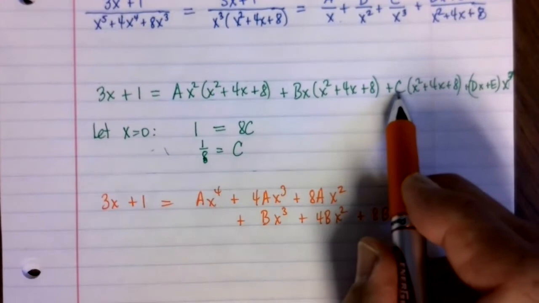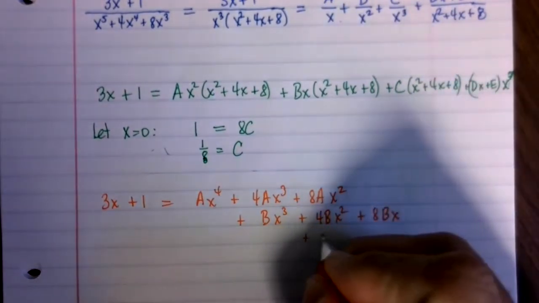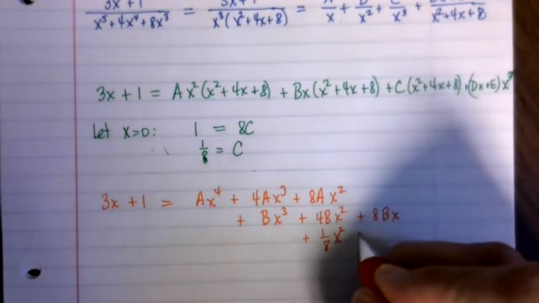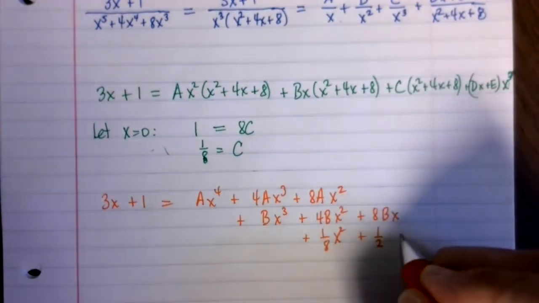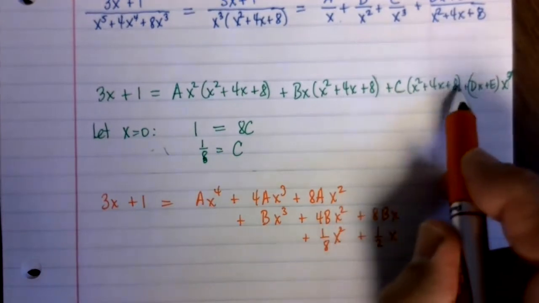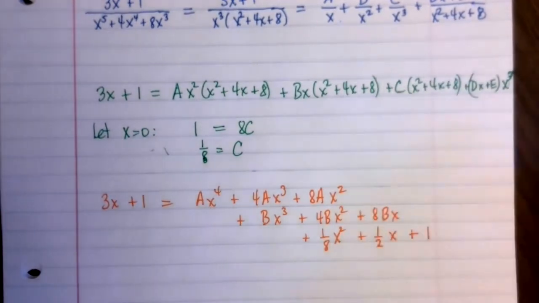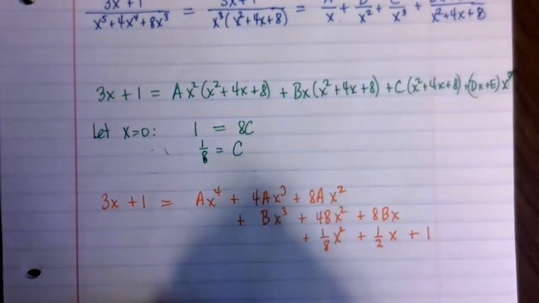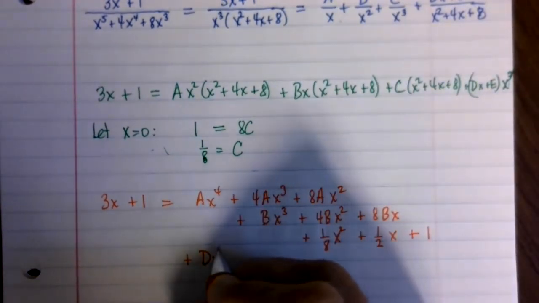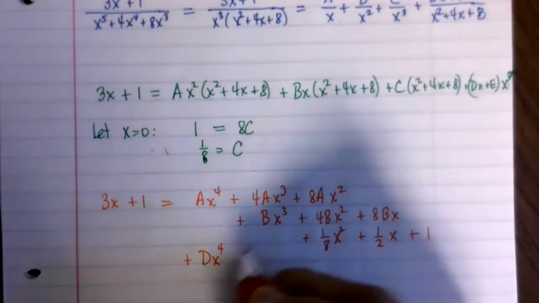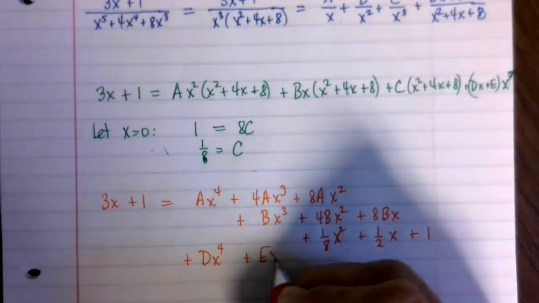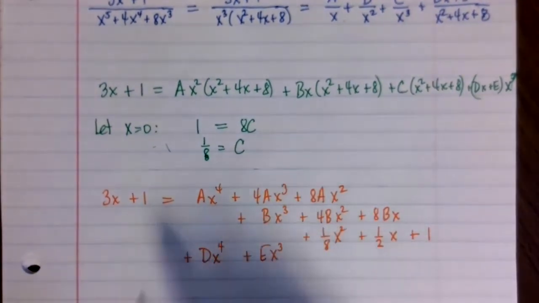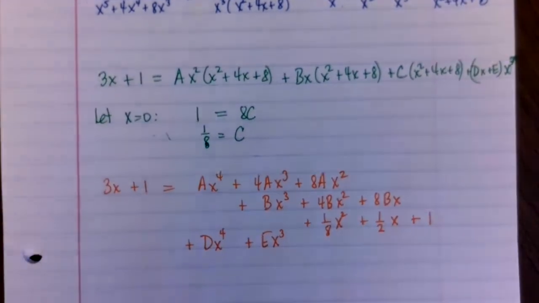Now, using the fact that c is equal to 1/8, I get plus 1/8 x squared. 1/8 times 4 makes a half x. And then an eighth times 8 makes 1. And then finally over here, dx times x cubed makes plus dx to the fourth. And then ex to the third.